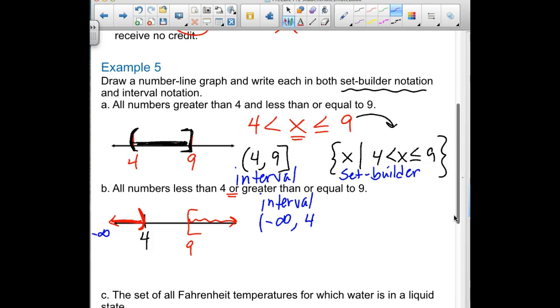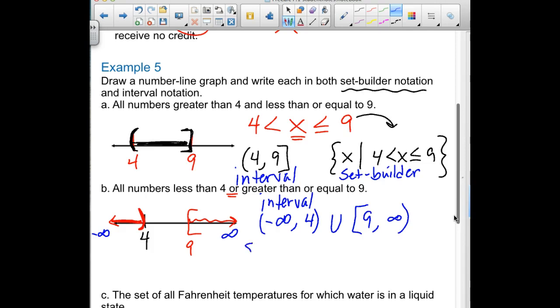We can never get to negative infinity, so it's a rounded bracket. And according to our graph, we can't actually equal 4. We have to be smaller than it. Or, and we use a union symbol for or, we can start at 9 and go towards positive infinity. Rounded brackets are always used at infinity.